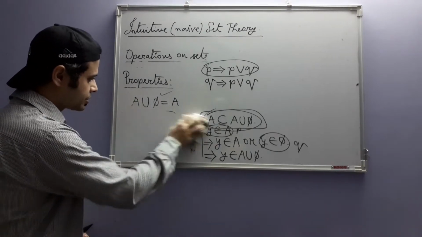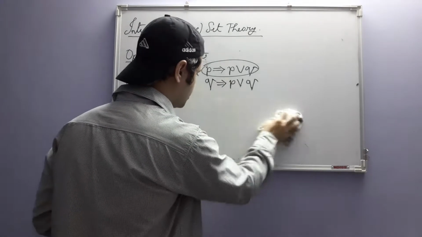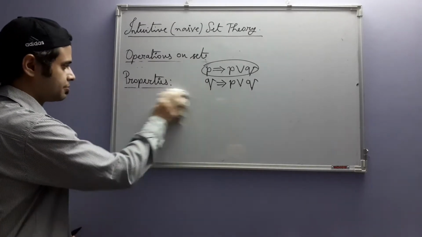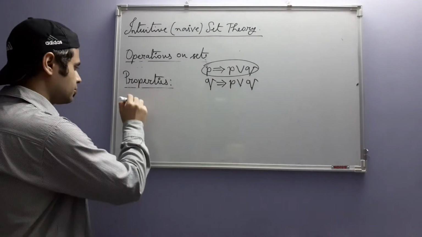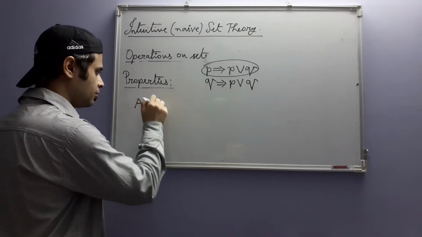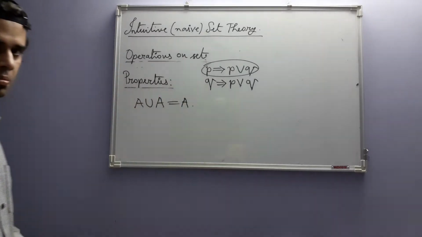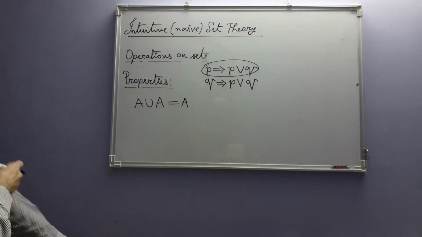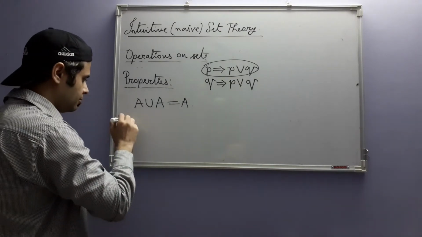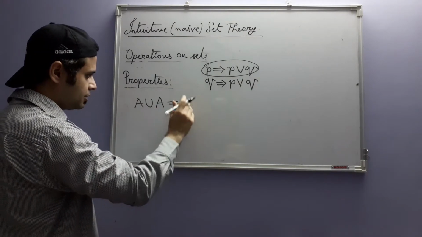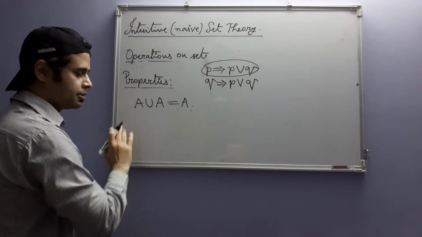What about the second one? The second one says that A union A is equal to A. So again same, you show this is a subset of this, at the same time this is a subset of this.